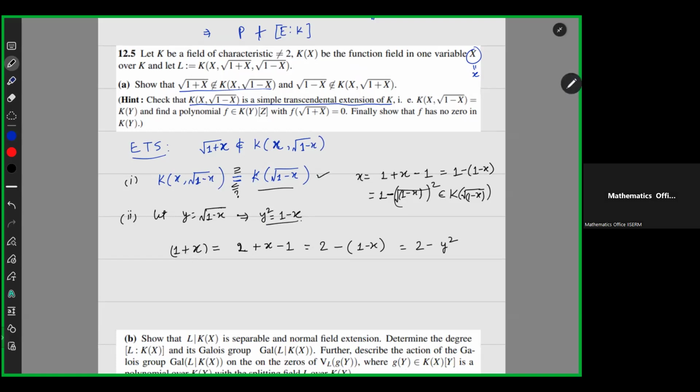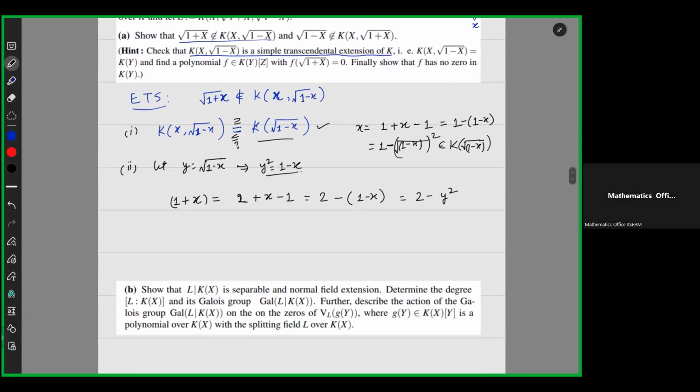and for 1 plus x we want to get some polynomial in y. Okay, so this can be written as the square root of 1 plus x, and then squared. This implies z square plus y square minus 2 is equal to 0.